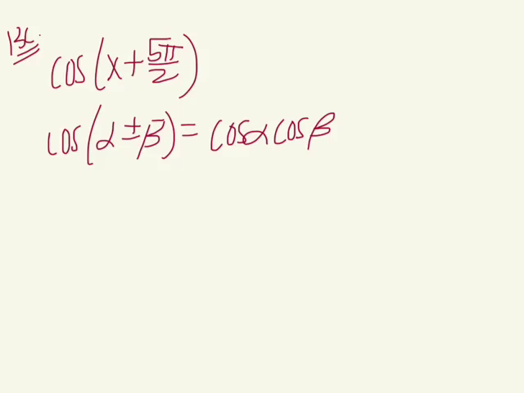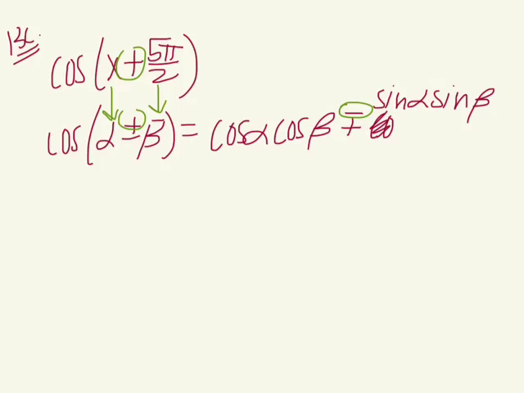Now, with the cosine of alpha plus minus beta, on the right side, it's a minus plus, so it's opposite of how it's oriented on the left side. So we'll keep that in mind. We'll say that's sine alpha sine beta. Just like we did with tangent, x is going to replace alpha, 5 pi over 2 is going to replace beta, and we're going to keep the plus sign, which means we're going to use the minus sign on the right.